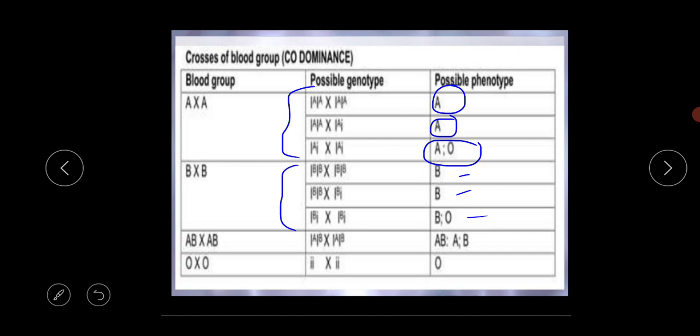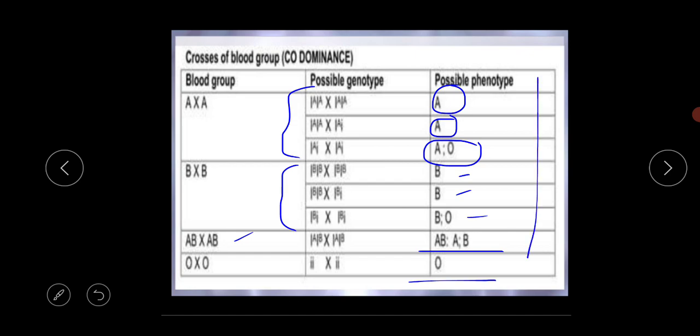Either B or O. Next, suppose the mother's blood group is AB and the father's blood group is also AB. What will be the possible offspring's blood group? IAIB into IAIB means AB or A or B. And suppose the mother's blood group is O and the father's blood group is also O. What will be the offspring's possible blood group?